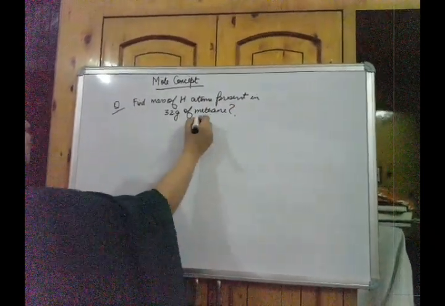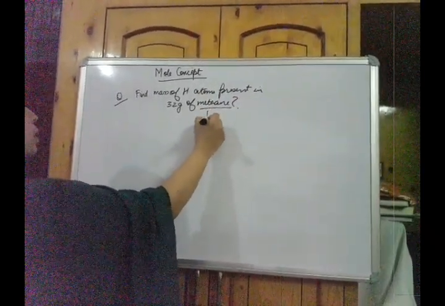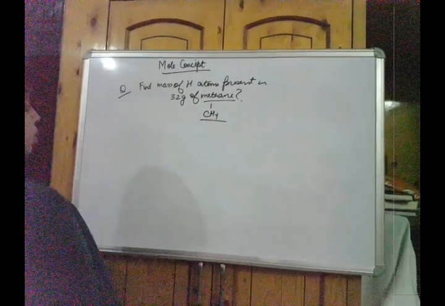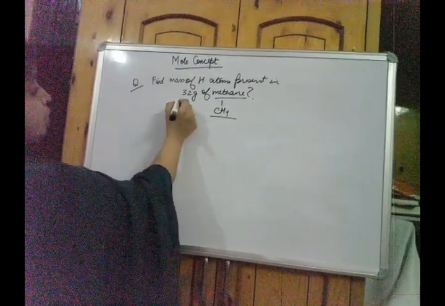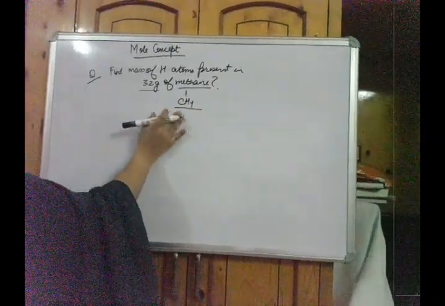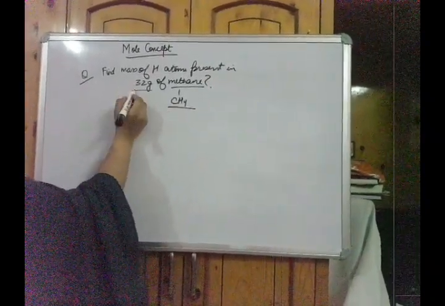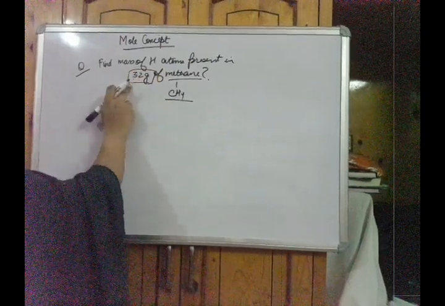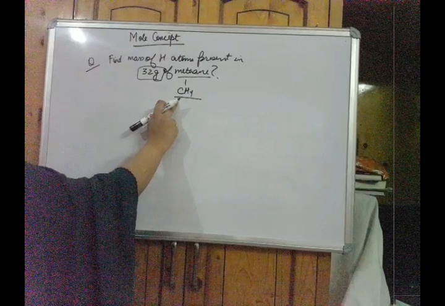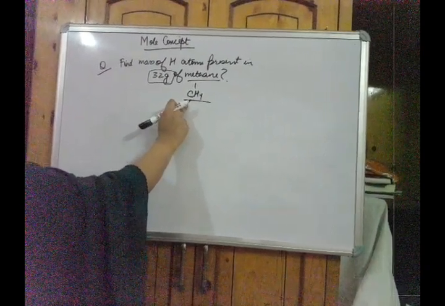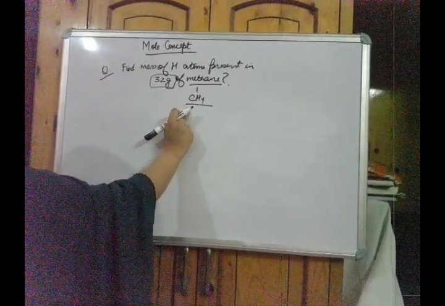First of all, the formula of methane is CH4. Everybody knows that. Now 32 grams of methane, we do not know the number of moles of methane. Indeed, they have given you the mass. From this mass we can calculate the number of moles of methane. The first thing we have to do is calculate the number of moles.